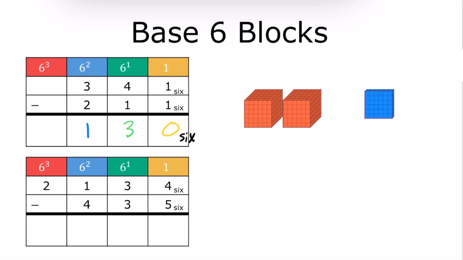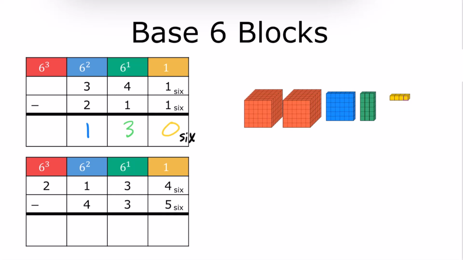And then I have 1 thirty-six plate and 3 rods. So here's 1, 2, 3 rods and 4 of my units. So here's 1, 2, 3, 4. And I'm taking that and I want to subtract 4 plates, 3 rods, and 5 units.